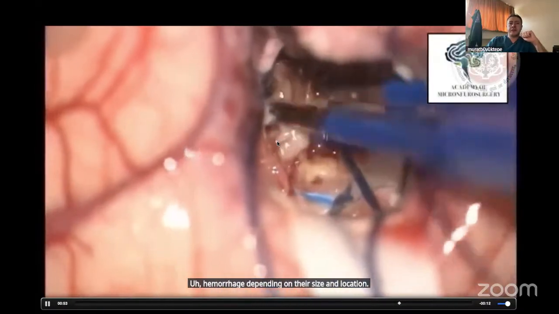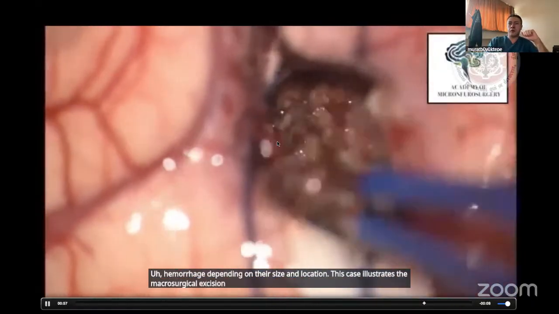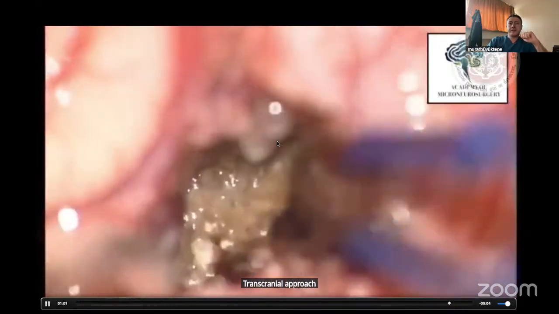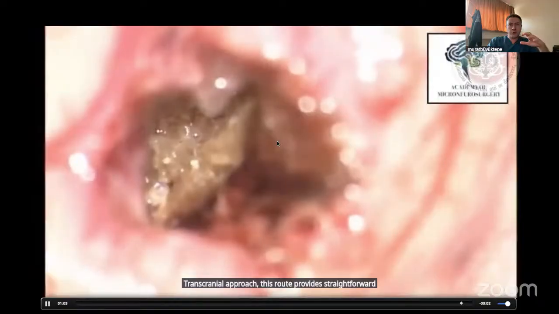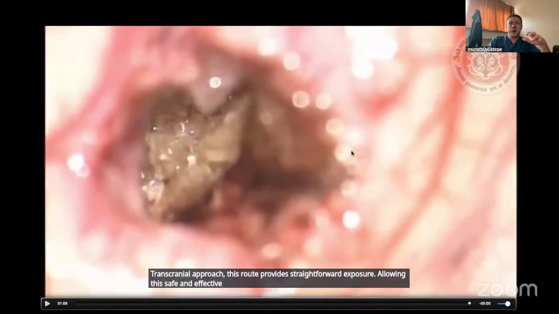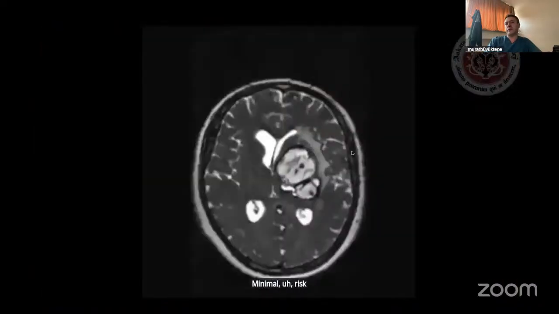This case illustrates the microsurgical excision of the cavernoma using the transcranial approach. This route provides straightforward exposure, allowing safe and effective removal of the lesion with minimal risk to surrounding brain tissue.